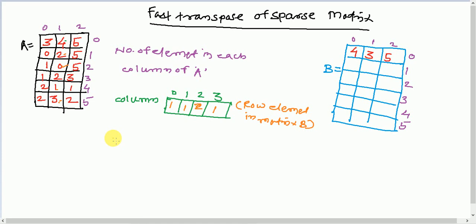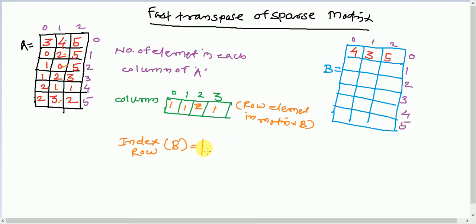For this there will be a separate index array, the row index in matrix B, which is our transpose matrix.